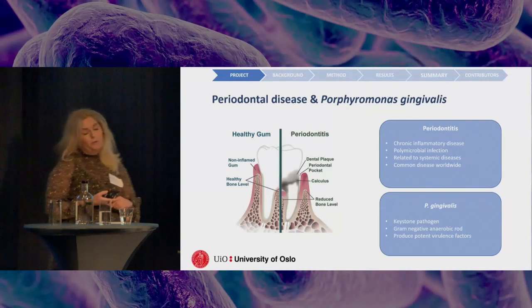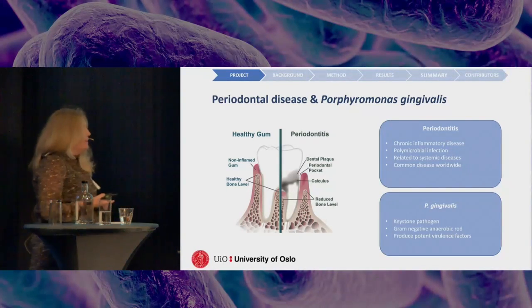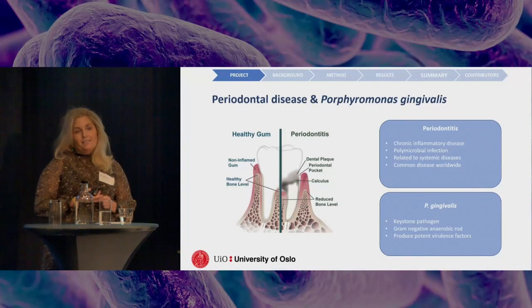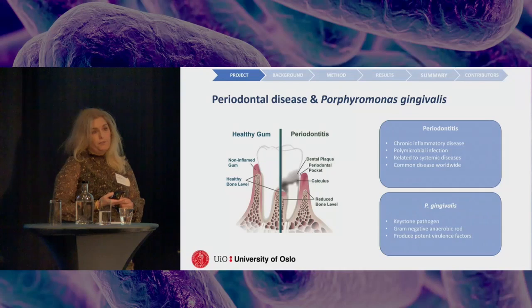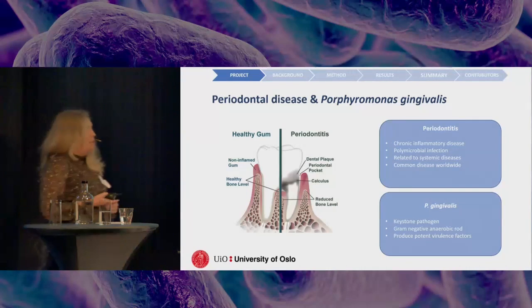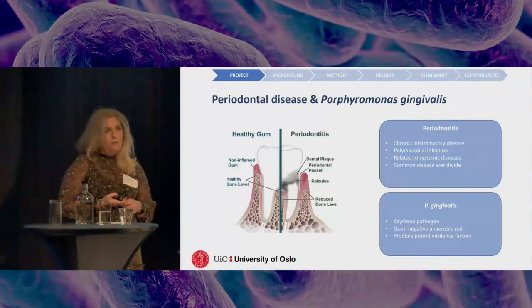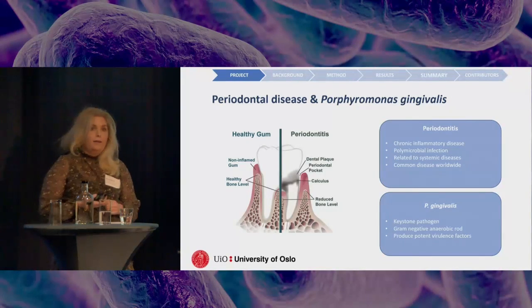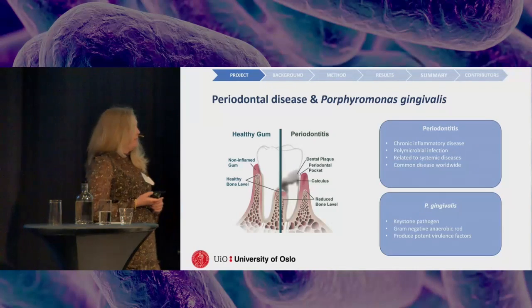Periodontitis is a polymicrobial disease, and it is related to systemic diseases, such as Alzheimer's and cardiovascular disease. It is a common disease worldwide. Approximately 50% of the adult population in the Western world has some degree of the disease.